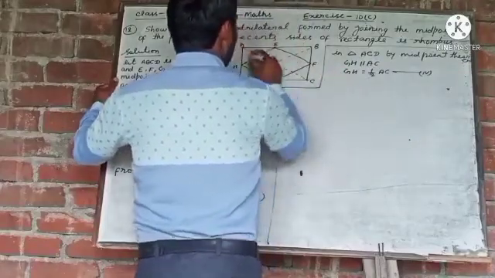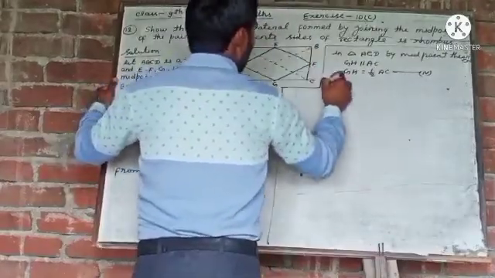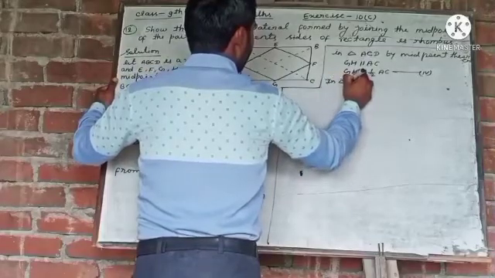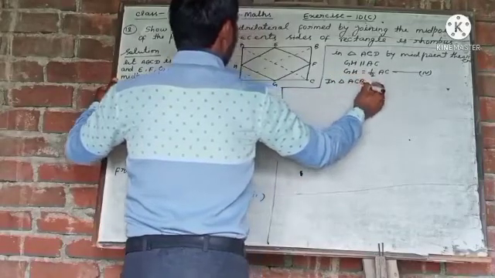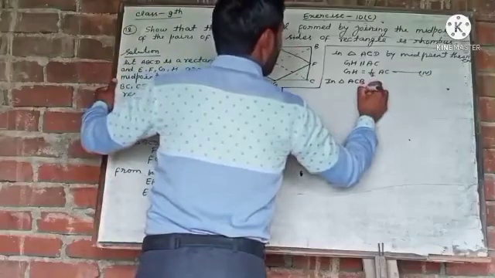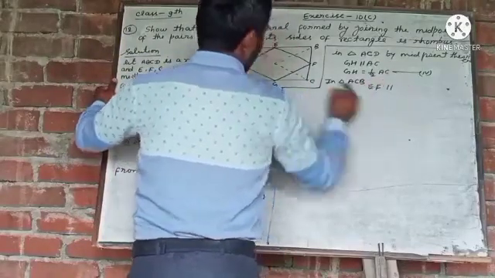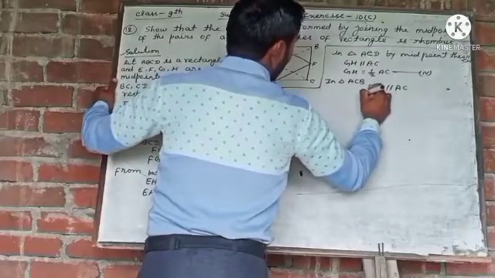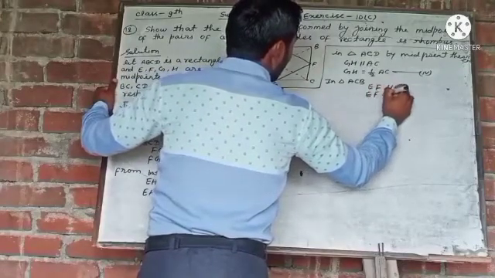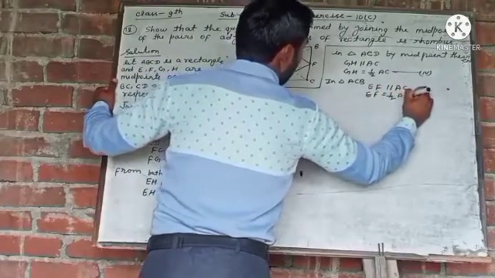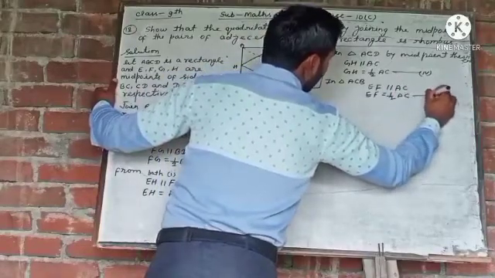And in triangle ACB, EF is parallel to AC and EF is equal to 1/2 AC. So this is equation 5.